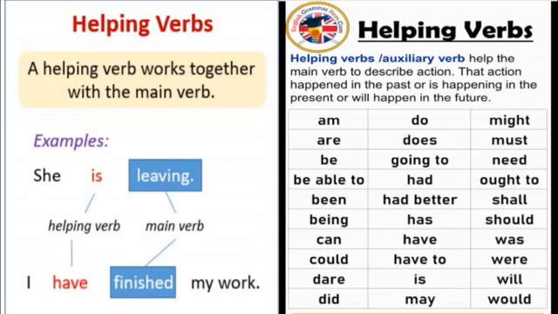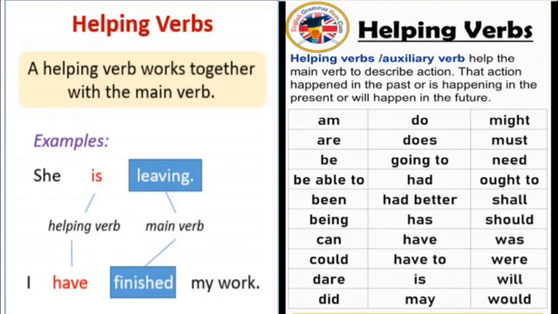Now, this action, okay, it can happen in the past, or it is happening in the present, or it will happen in the future. Okay, so any action that takes place today, yesterday, or tomorrow, okay, any action, that means we need a helping verb to finish the sentence.